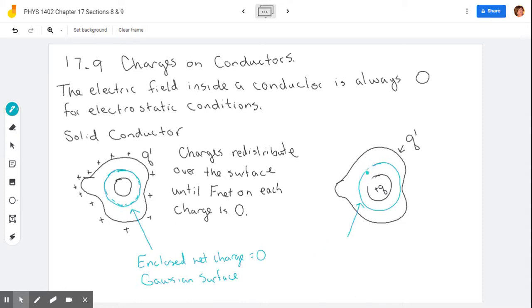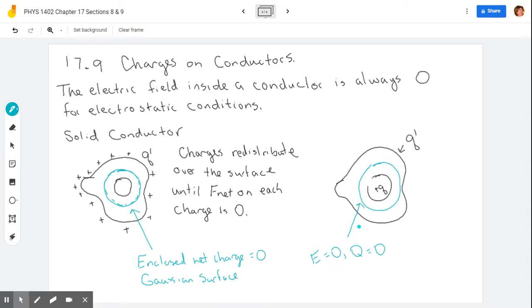So if the electric field is zero, that means that Q has to equal zero. The enclosed charge has to equal zero.